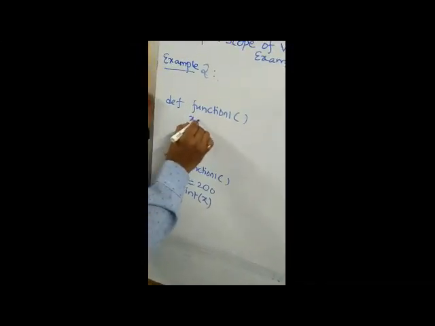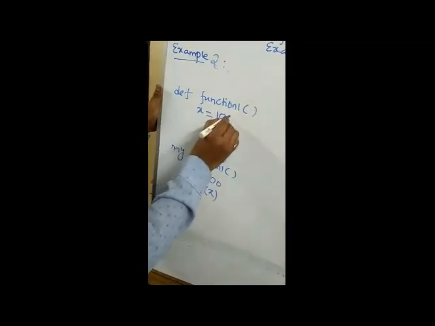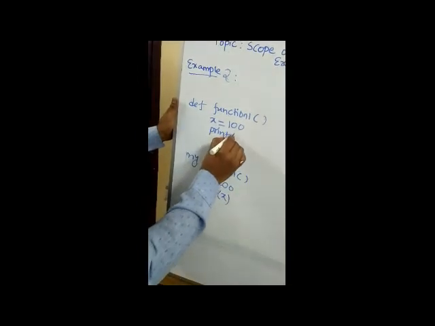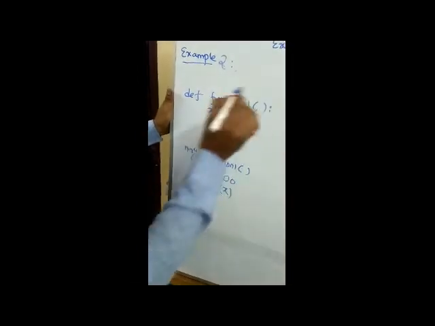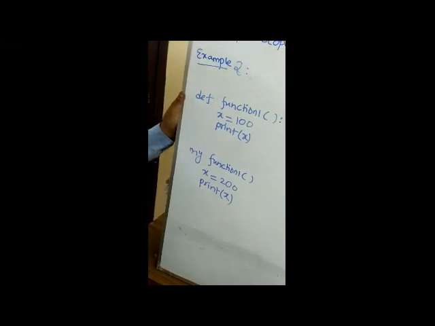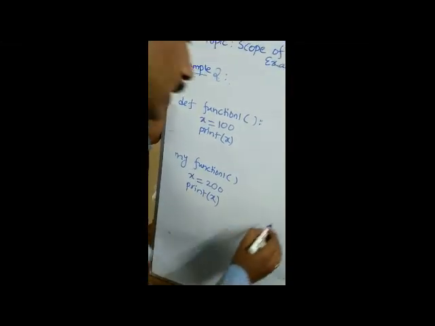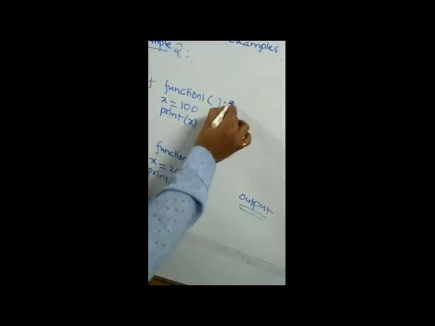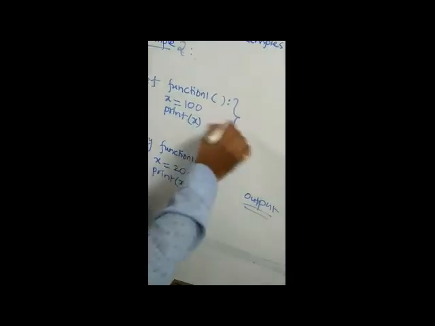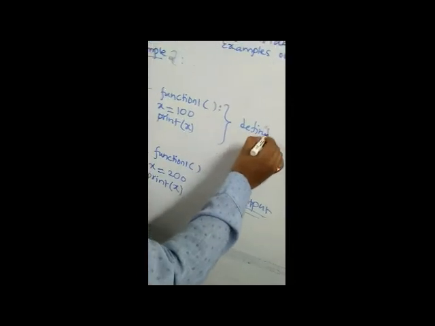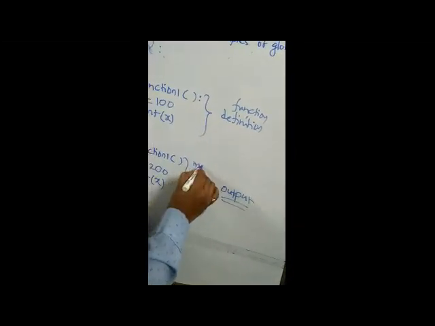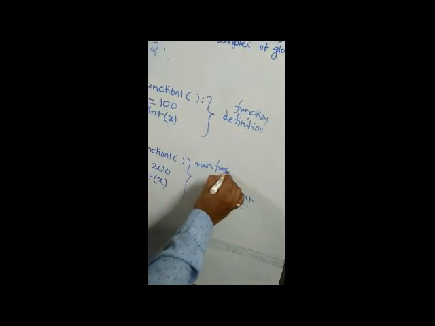Here x is equal to 100, print x. Outside it, x is equal to 200, print x. When we execute this code, the following output is displayed. This is the function1 definition. This one is the main function, with the main function statements.